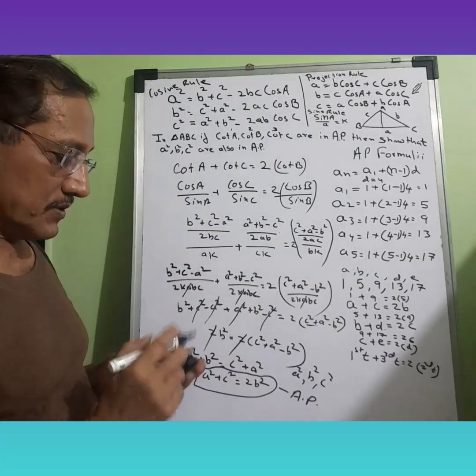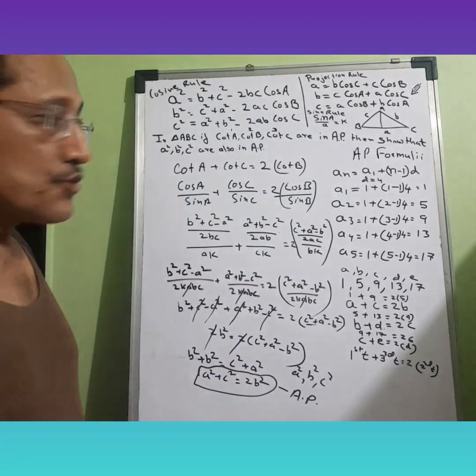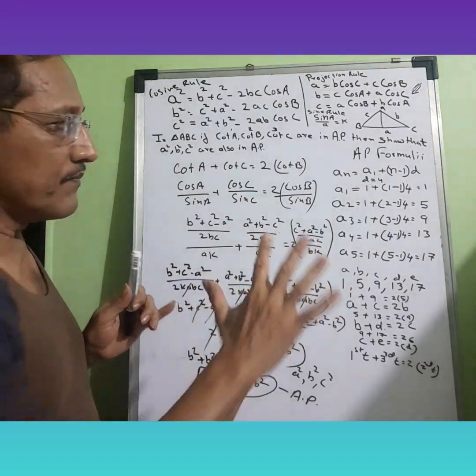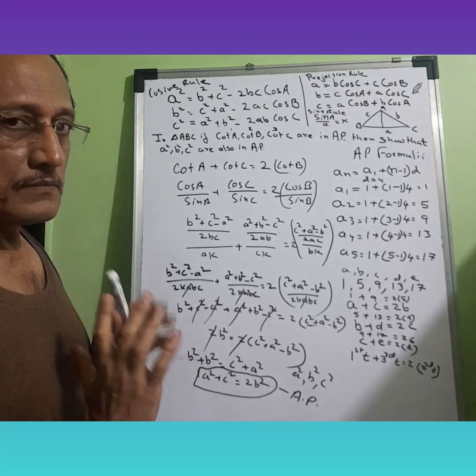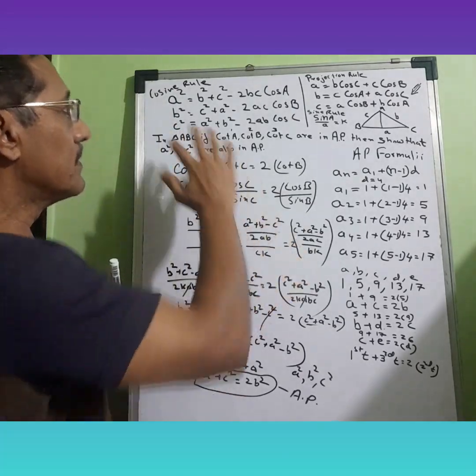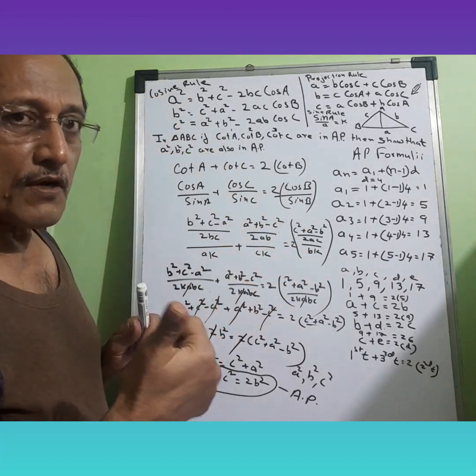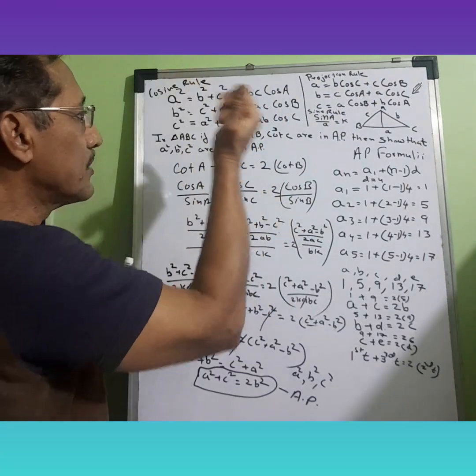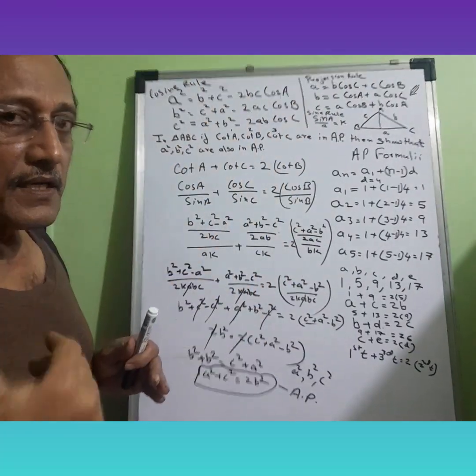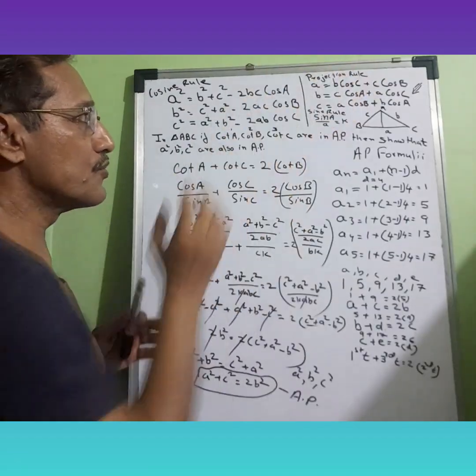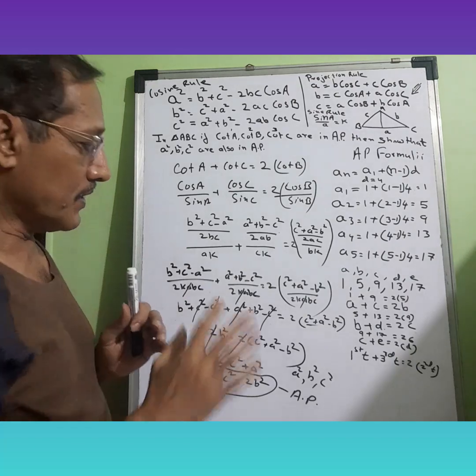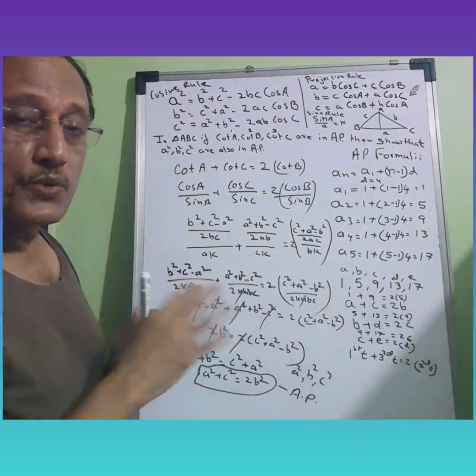Again I repeat, as I have been always doing: as soon as you see the sum, AP is very much required. Since we are doing solution of triangle, all these things are very much required. Here we used the cosine rule and sine rule. In my earlier video we had used the projection rule, whereas here we have used the sine rule and cosine rule. That's how you have got to do these sums.